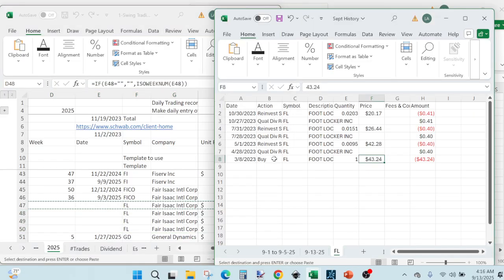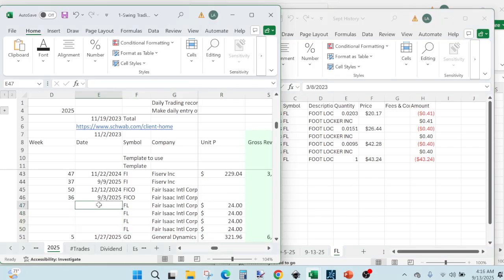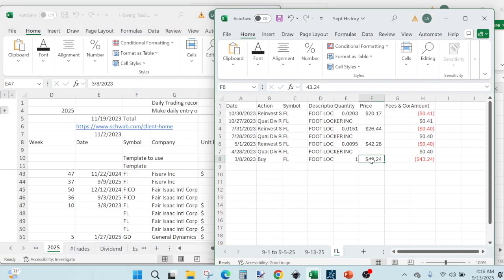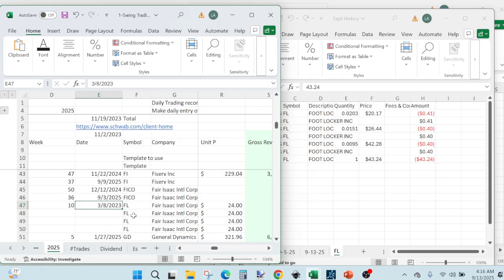So the first one, this was the date. $43.24. I believe I have that.